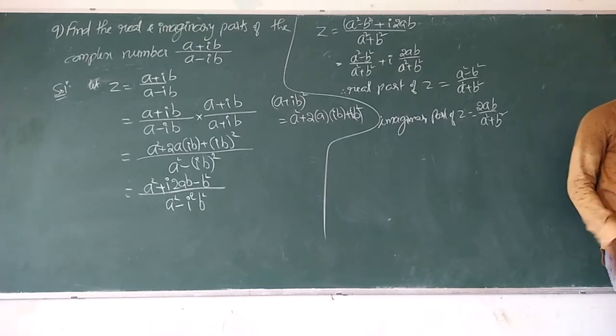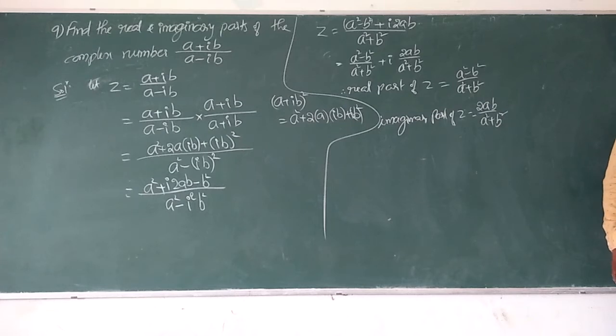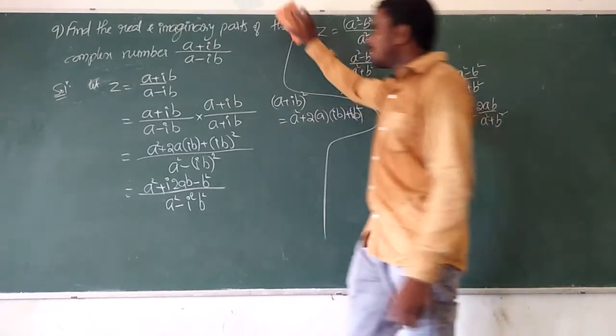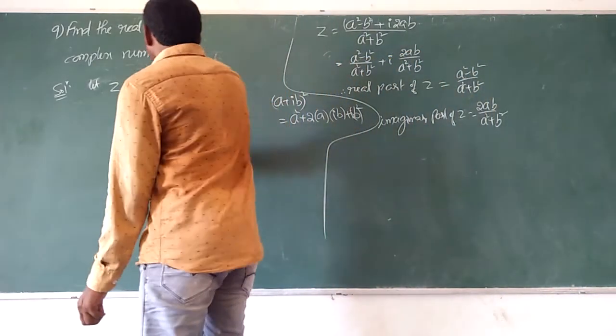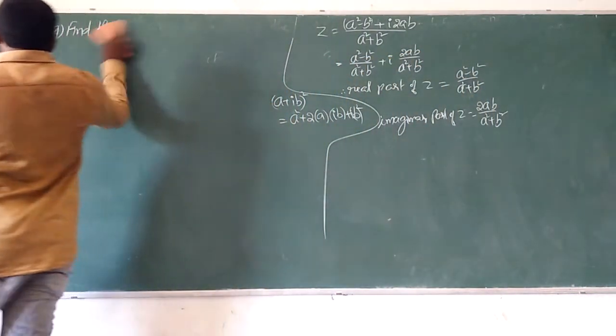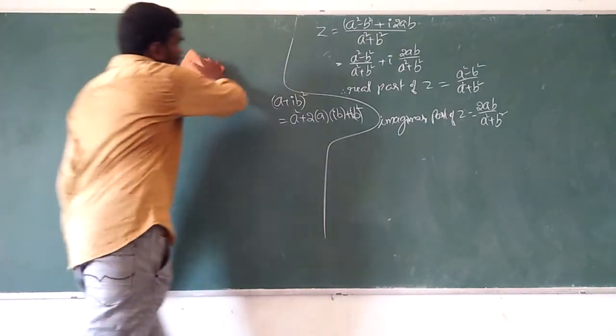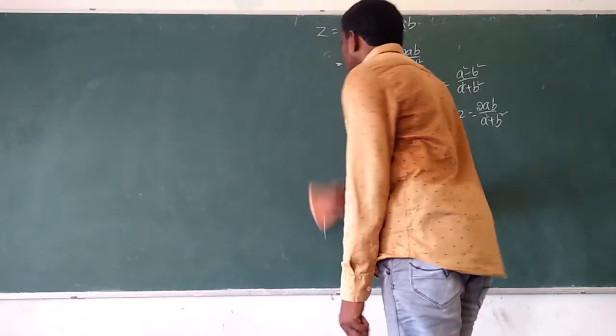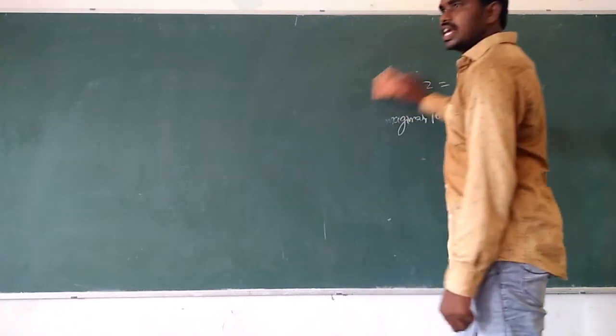Next, already I told you complex conjugate. What is complex conjugate in part 1? The complex conjugate of z is z bar. That is, x plus iy, conjugate x minus iy. That's it. Suppose 2 plus 3i is there.